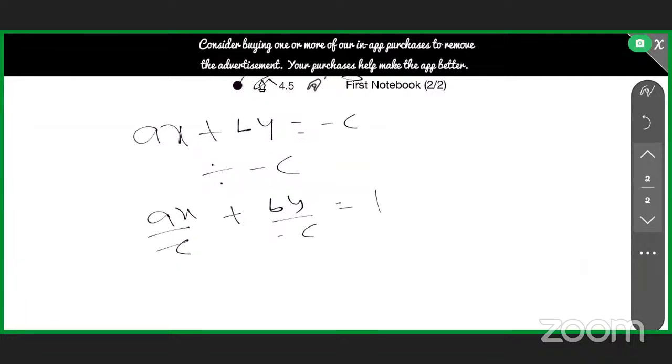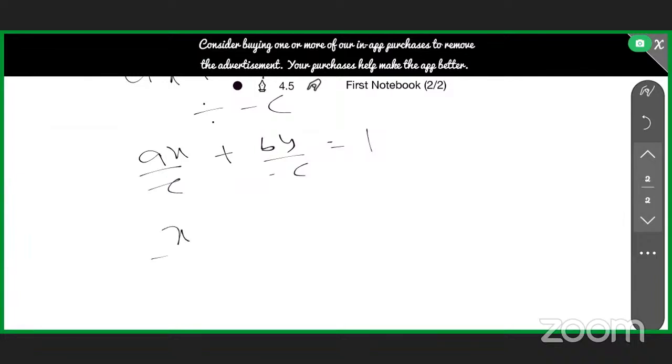Reducing this to the standard equation, x divided by minus c by a plus y divided by minus c by b is equal to 1.